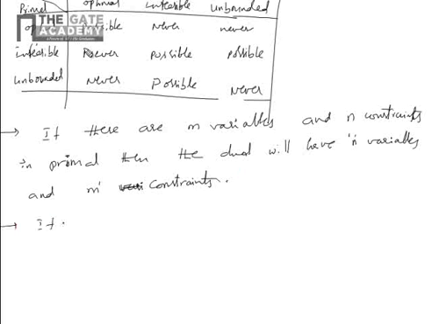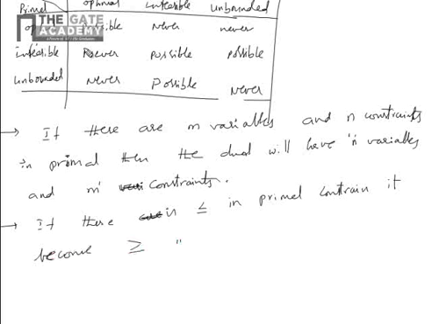If there is a less than or equal to sign in a primal constraint, it becomes a greater than or equal to sign in the dual.